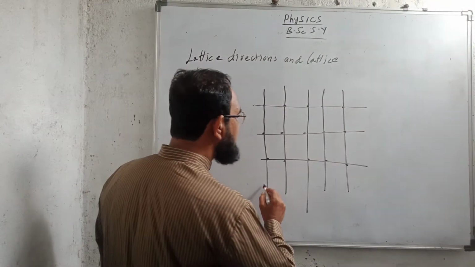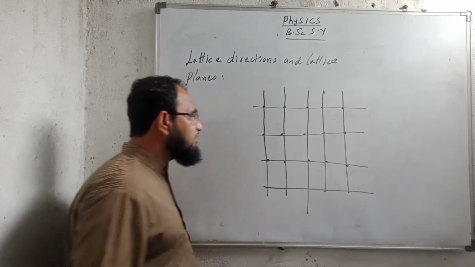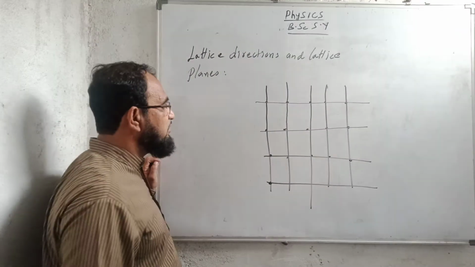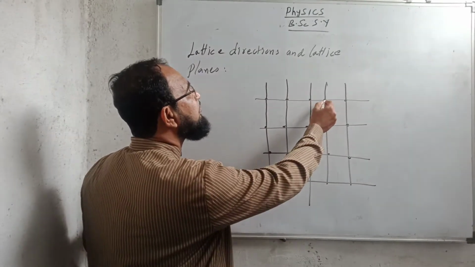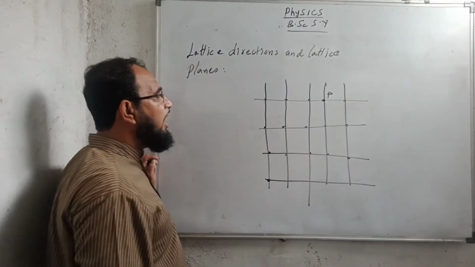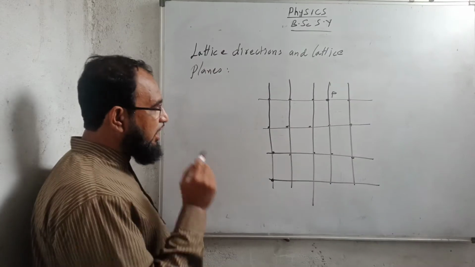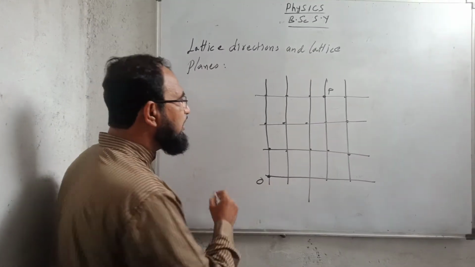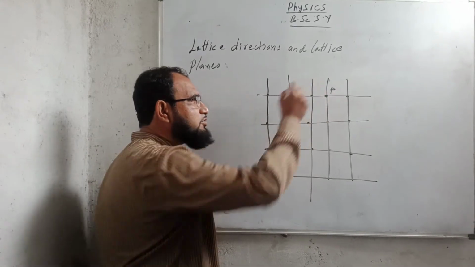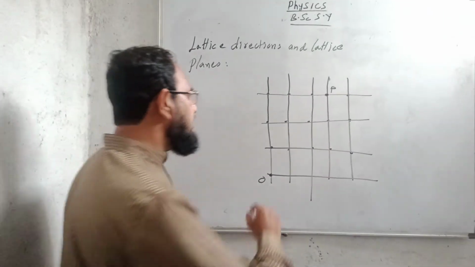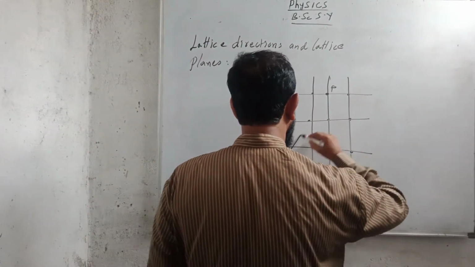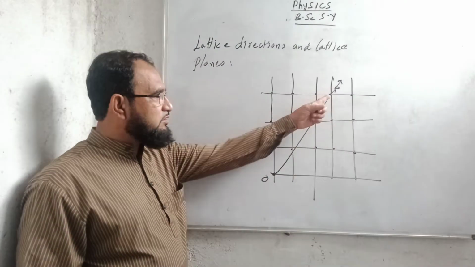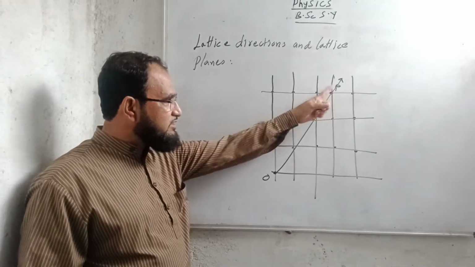Now if I consider that this is the origin, and here somewhere is the point P, and I draw a line starting from the point O, and it passes through the point P. It will give you the lattice direction.